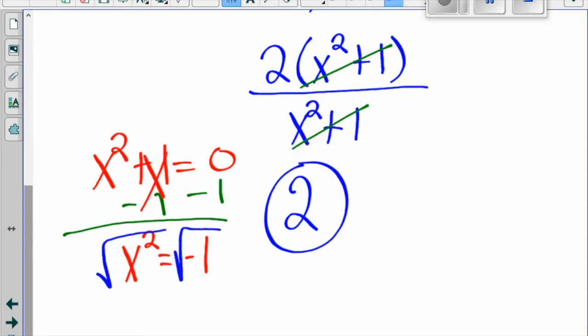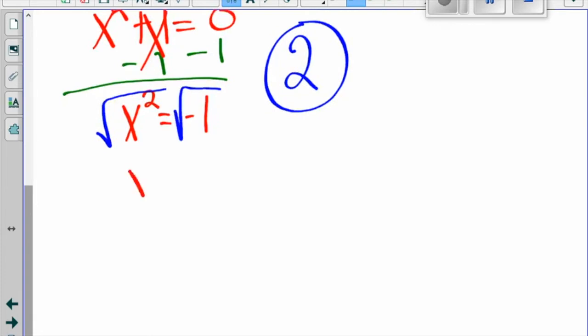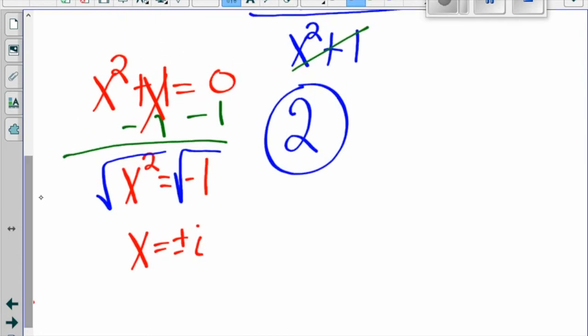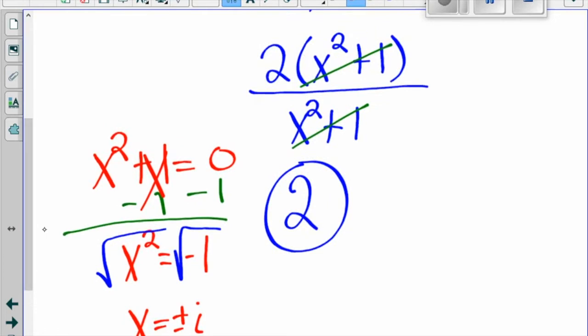Square root both sides, which is equal to plus or minus i. So is there a value of x that would make this 0? Well, no, not a real value, because we have i. So that means we don't have any restrictions, because there's no real values of x that will make this equal 0. So the answer is 2. That's it. Questions on this here?